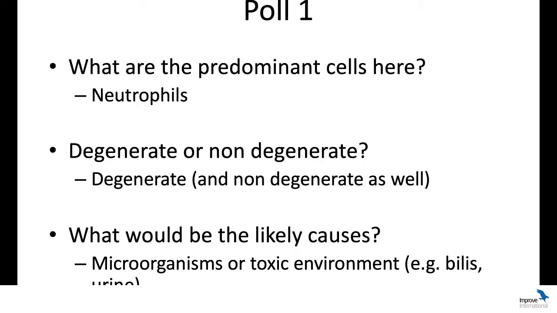But remember that you can have sterile causes for degenerate neutrophils. The most common is toxic environments, such as the presence of bile or the presence of urine. So if you have an abdomen with a fluid that is full of degenerate neutrophils and you can't find any bugs, then think, could this be a uroabdomen or a bile peritonitis?